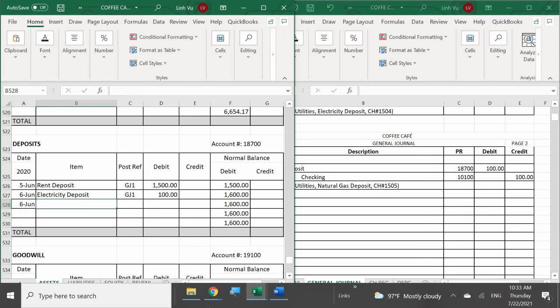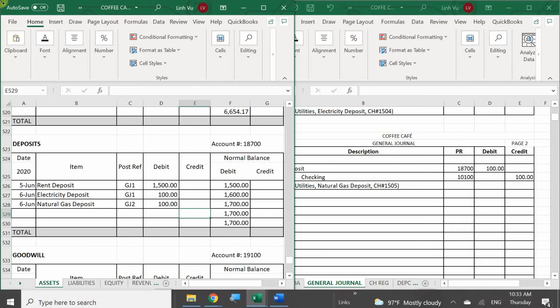And this time, natural gas deposit. This time, general journal number 2, because we've finally reached our second page. And once again, it's for $100, which, if I've dragged my formula down, should automatically recalculate to say that I now have $1,700 in my deposits.